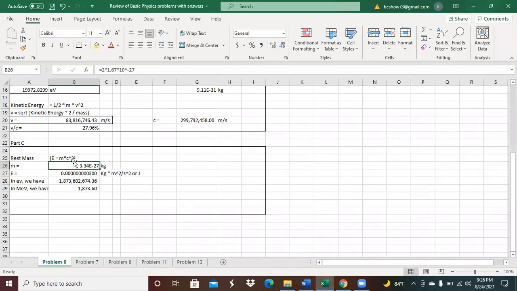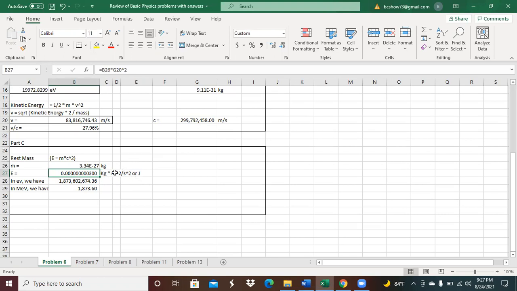So the mass of 2 protons is going to be basically the mass of a proton times 2. So that's going to be m. We know what the speed of light is. Again, that's listed over here. So what's the energy? Well, the energy is going to be this times that squared. Multiply the two together.